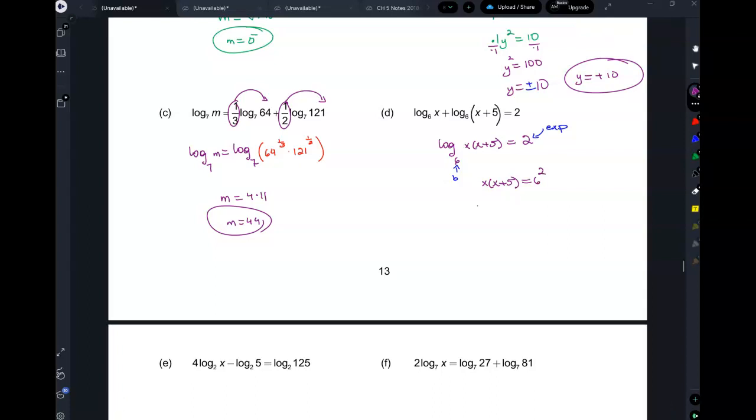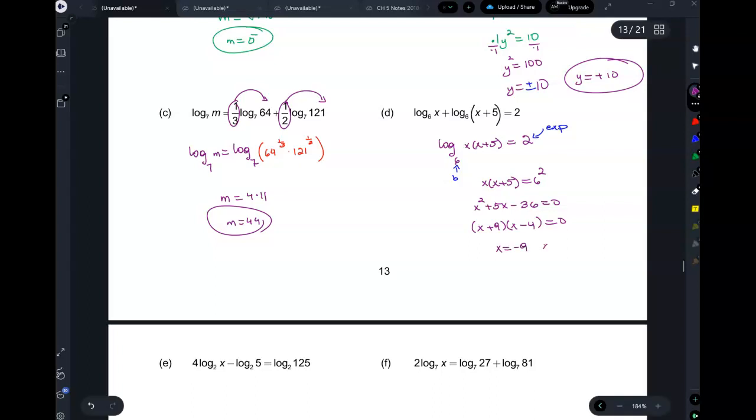So x squared plus 5x minus 36 is equal to 0. Is that able to factor? Of course, yes. Look at how nicely it factors. 9 and negative 4.